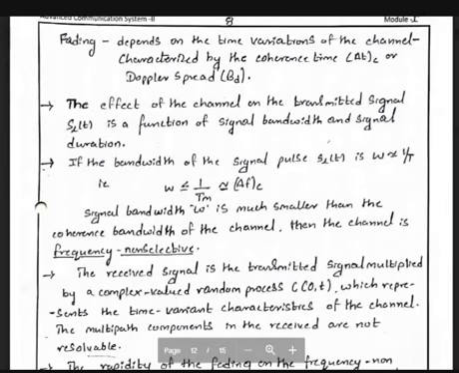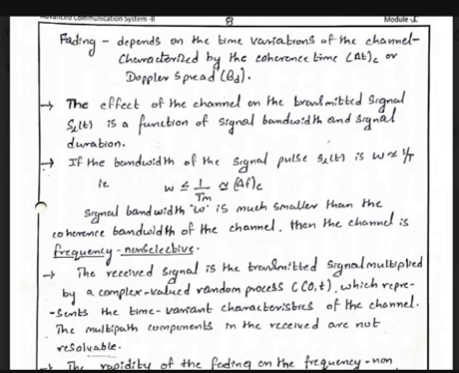Now we try to understand this effect of the channel on the transmitted signal. What is the transmitted signal we have? SL of t, which is a function of signal bandwidth and the signal duration. That is capital W, and we can consider the signal interval also, that is capital T. It is a function of these. Okay.